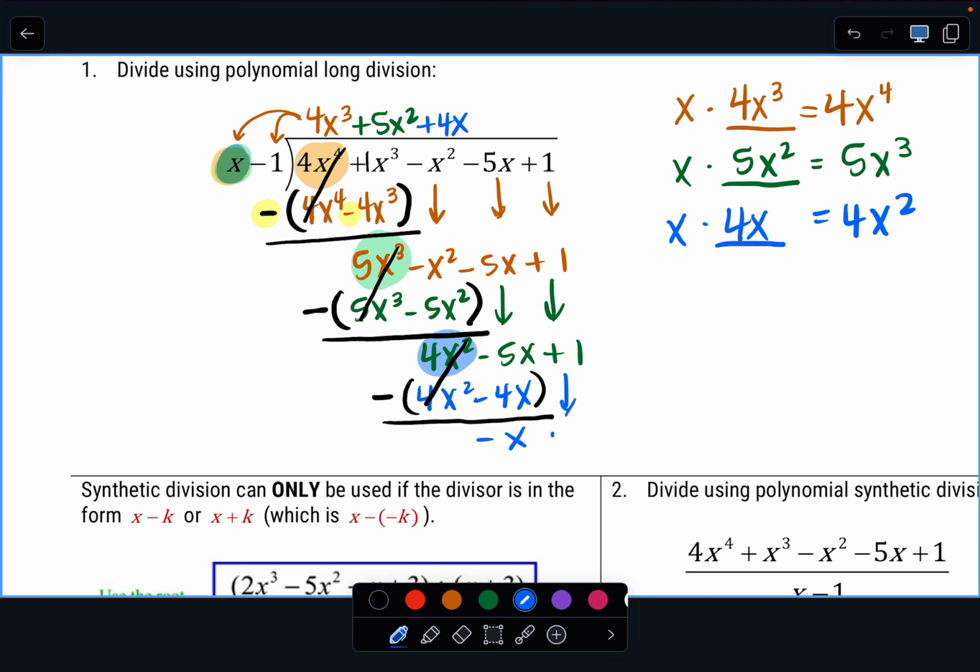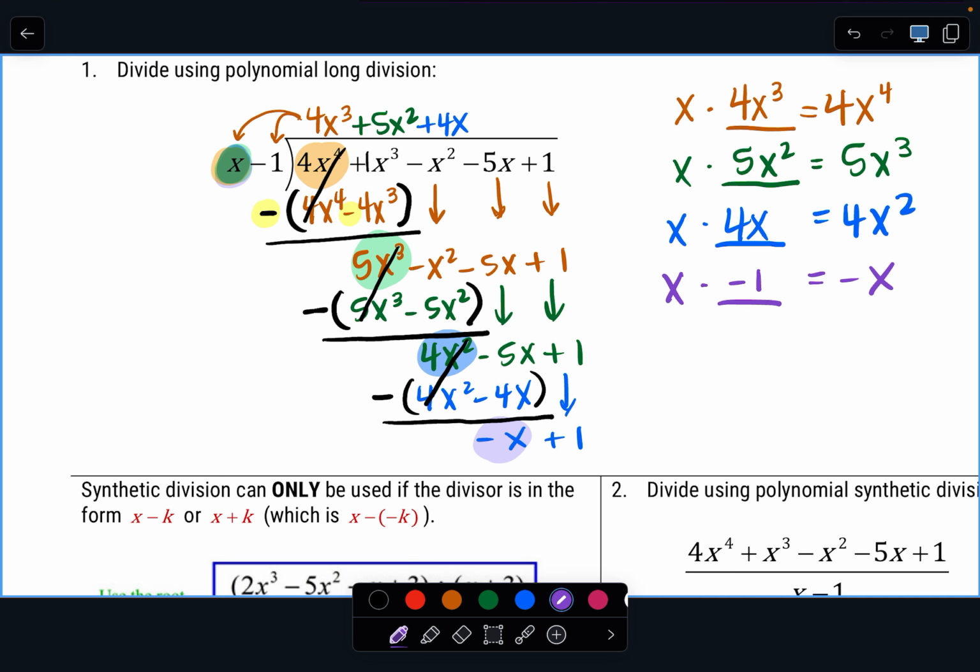And then I'm going to bring down my plus 1. Because technically we can still go, I'm trying to make negative x. I have positive x. So x times something is equal to negative x. Negative what? 1. Negative 1.